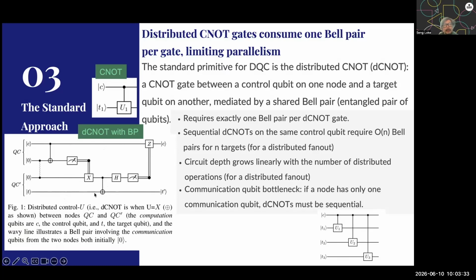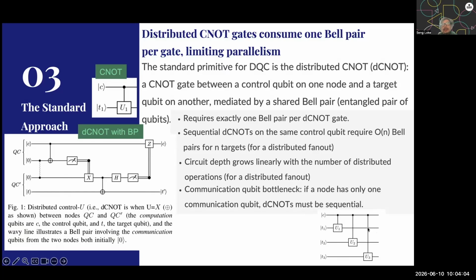And that's how we can do non-local control U operation with the resource of a Bell pair, and this Bell pair is indicated here, right? So on each node, you need an additional qubit to be involved in this Bell pair, right? For this sequence of operations to work. So in this case, we need 3 Bell pairs, right?